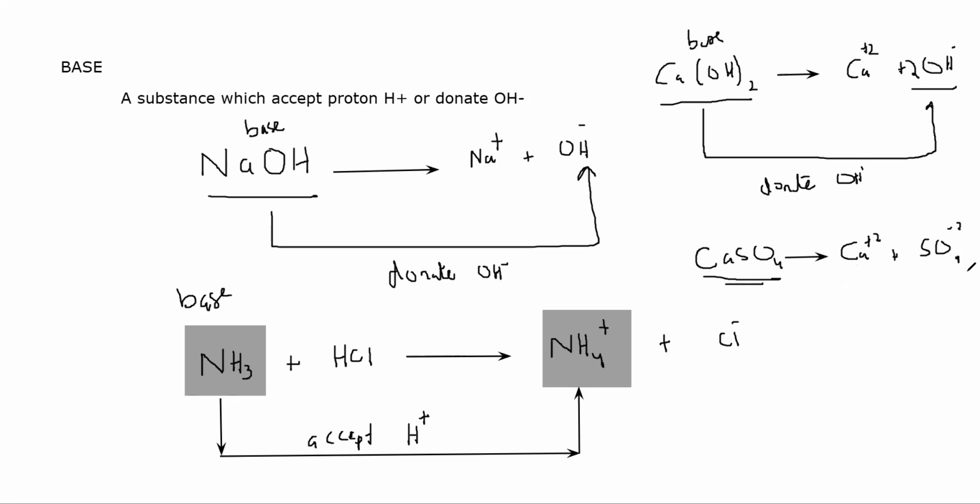No. It is not a base because it does not give hydroxide ion, and it is not accepting protons. So both definitions cannot be applied. It does not accept proton, and it does not give hydroxide ion, so it is not a base. To be a base, it should either accept proton or give hydroxide ion.